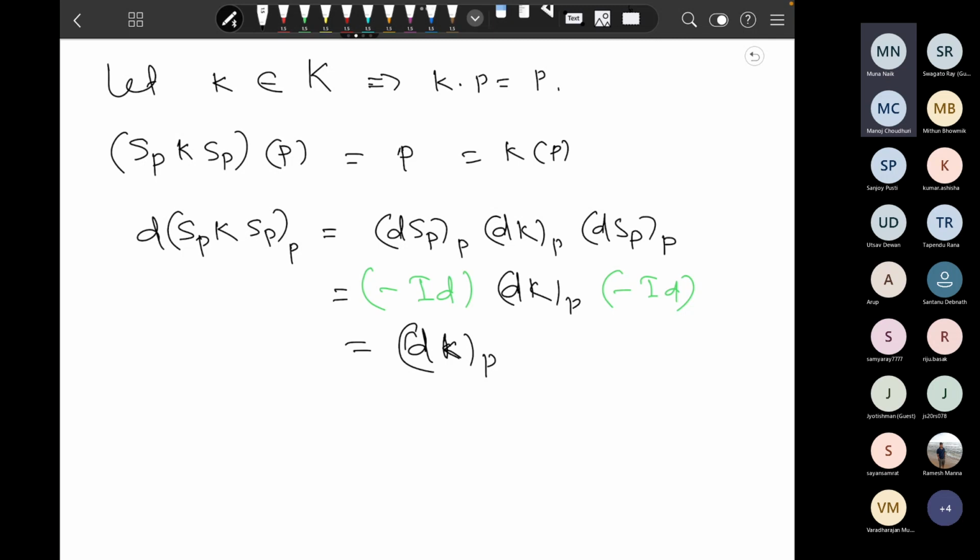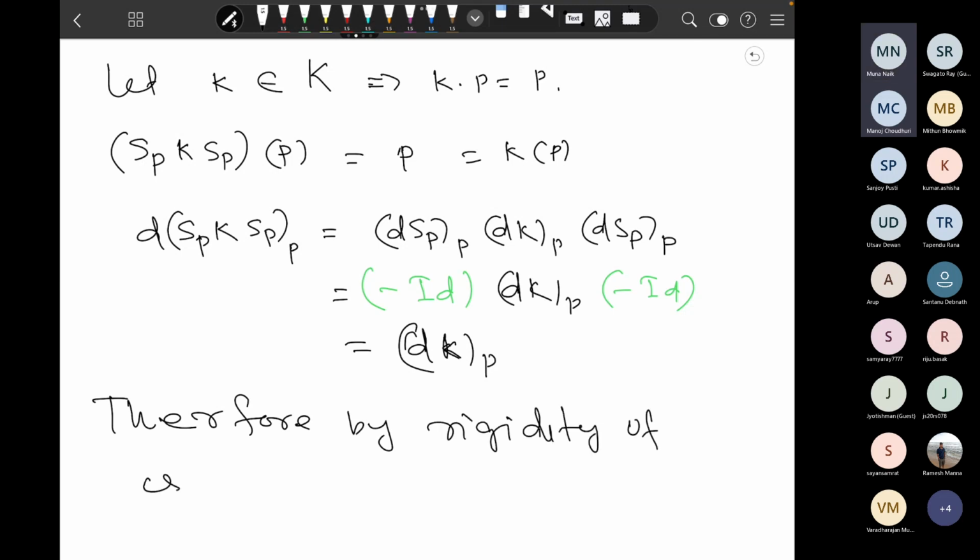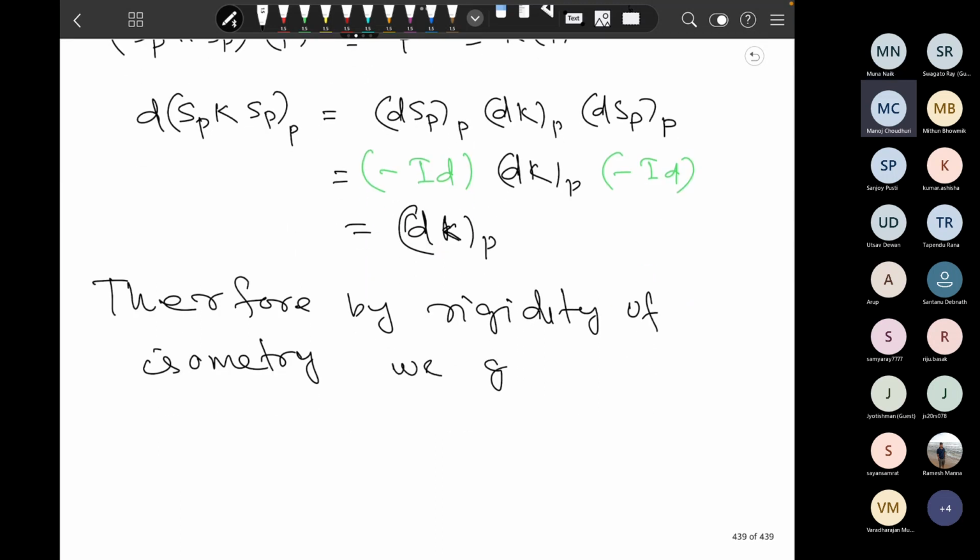These have the same value at a given point p and the same differential. Therefore, by rigidity of isometry, we get this S_P k is really k. So this is really sigma(k) is equal to k.